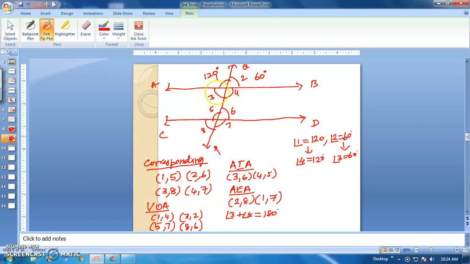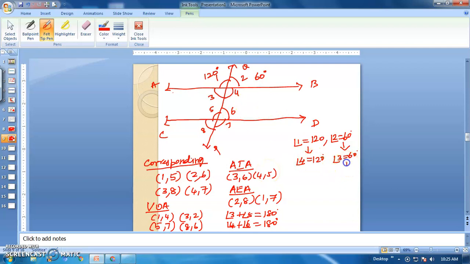If you add these two angles, the total is definitely 180 degrees. Similarly angle 4 plus angle 6 is also 180 degrees. They are supplementary angles. Angle 4 and 6 also lie inside on the same side of the transversal, therefore it is also 180 degrees.